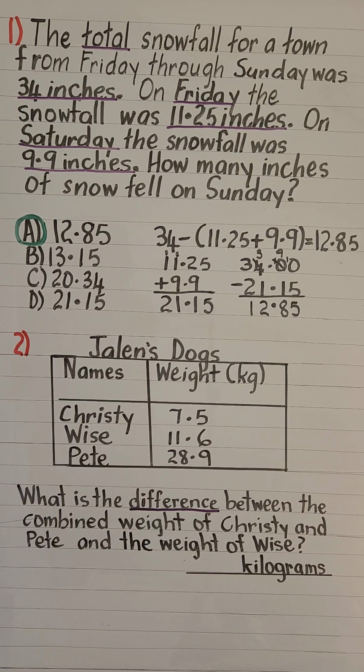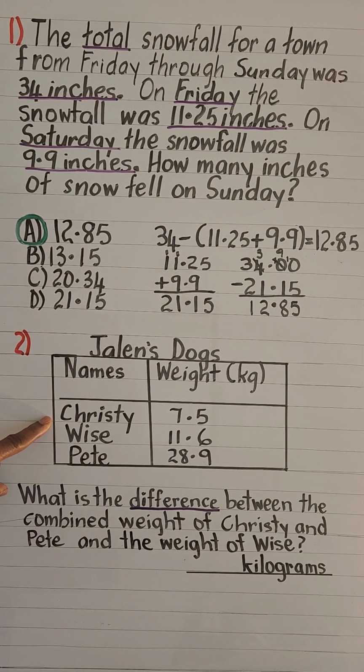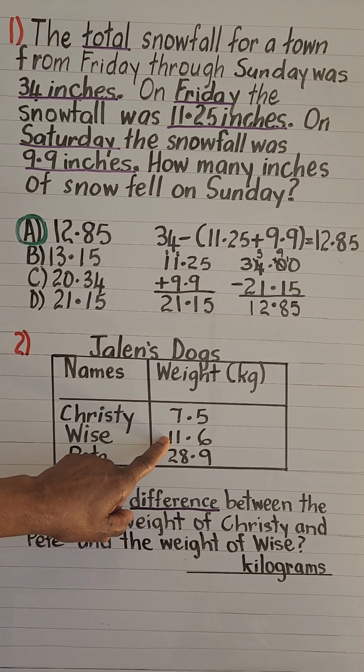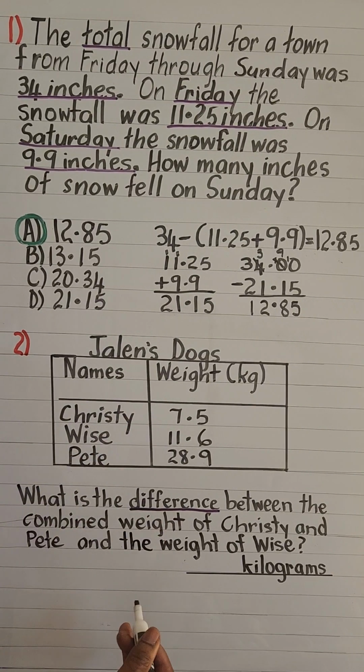What is the difference between the combined weight of Christy and Pete and the weight of Wise? So that tells us that we need to add Christy and Pete's weights, and then we subtract the weight of Wise. So this is what we're going to do.